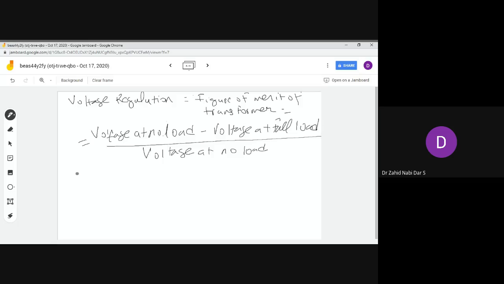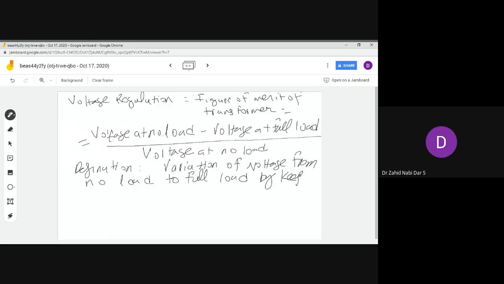So if we have to define it, the definition of voltage regulation would be the variation of voltage from no load to full load by keeping the sending end voltage constant.